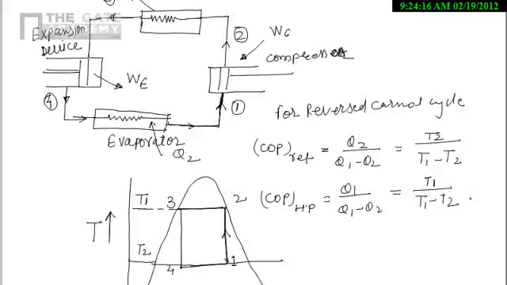So this one is useful when the cycle is a reverse cycle, and all the processes are reversible processes. So we can use the temperature in place of heat. So this one was the mathematical representation.